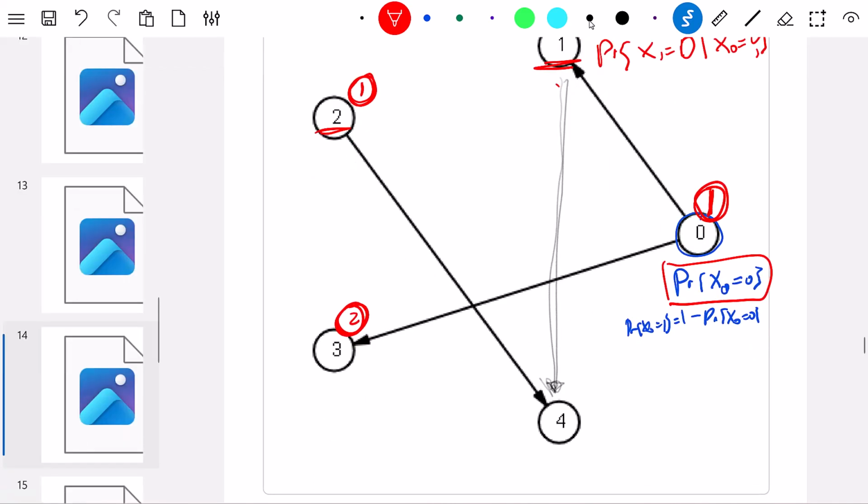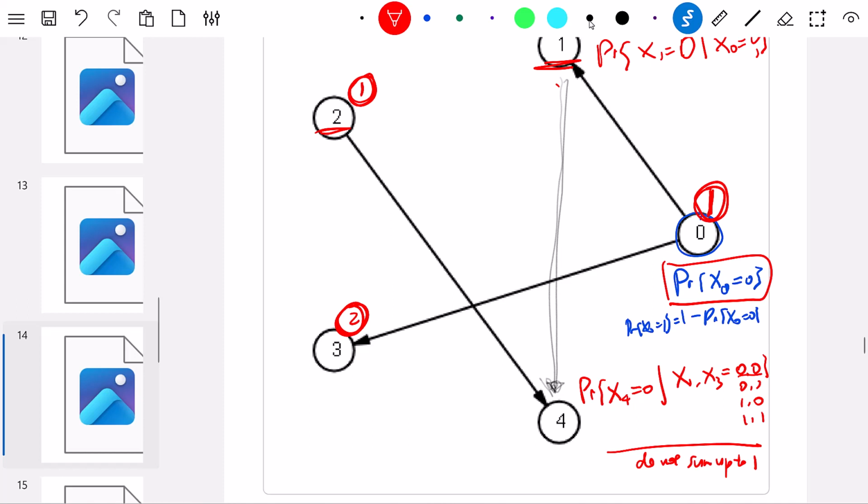After we added this branch, for x4 there are 2 parents. In particular, we need the probability of x4 being 0 given x1 and x3, which can be 0,0; 0,1; 1,0; and 1,1. Note that each one cannot be computed from the other ones, because these 4 numbers do not sum up to 1.